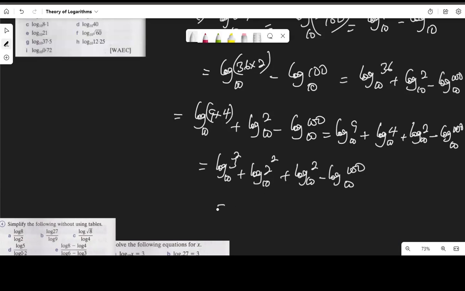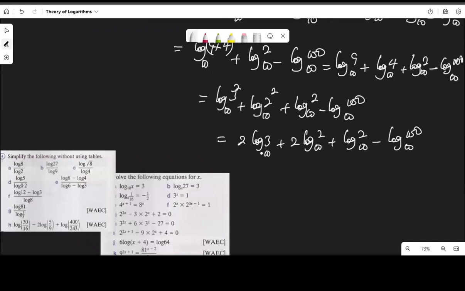And this gives us 2 log 3 to base 10 plus 2 log 2 to base 10 plus another log 2 to base 10 minus log 100 to base 10.